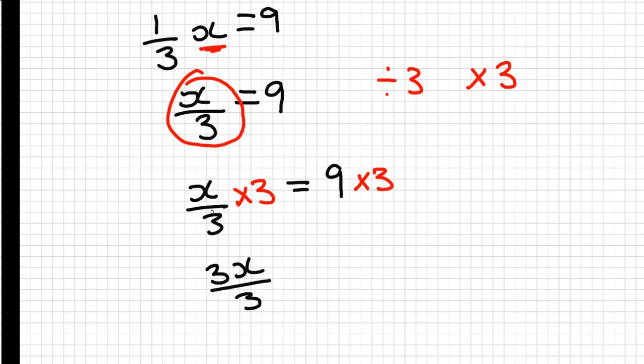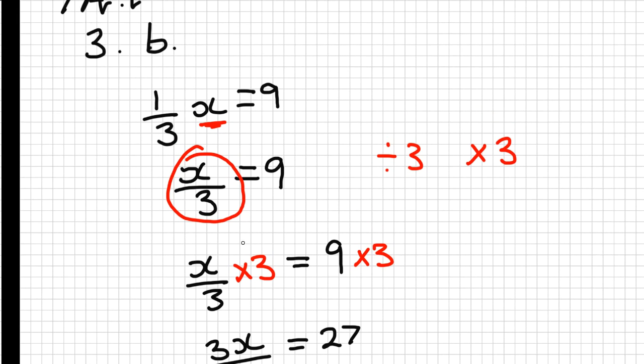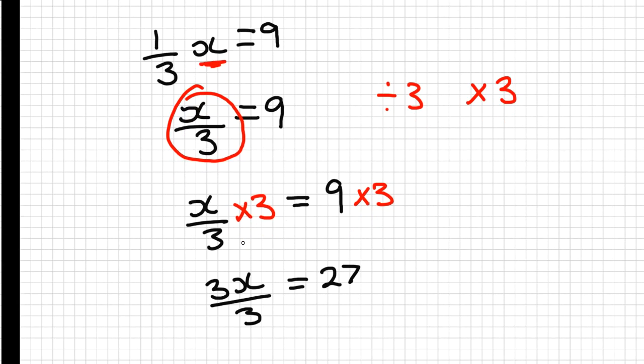Times those top ones together. Equals 9 times 3, 27. Then we can cancel this 3 out here, because we have 3 times something, then divide by 3, and we're left with x equals 27.